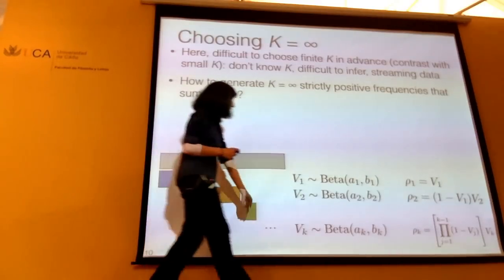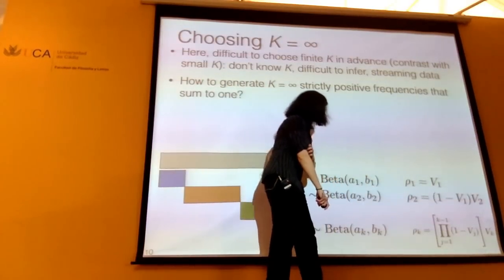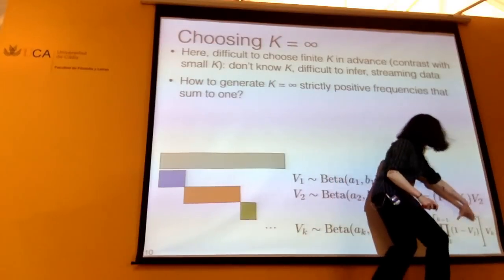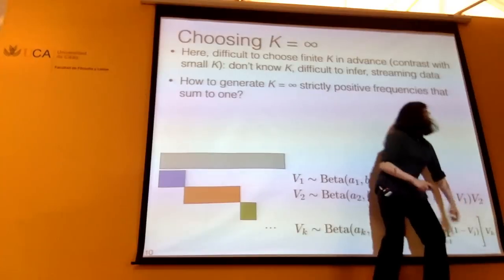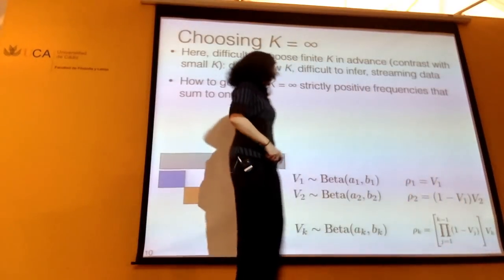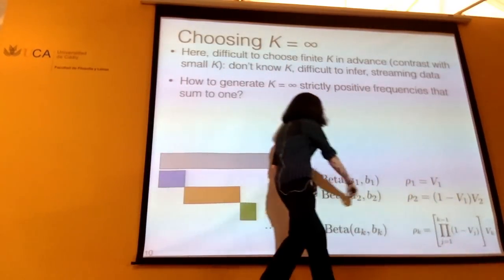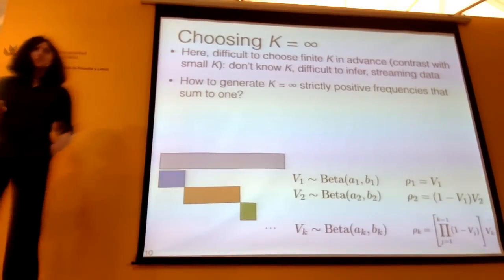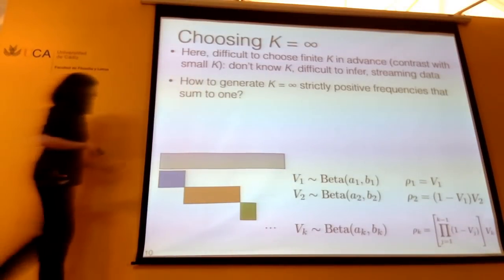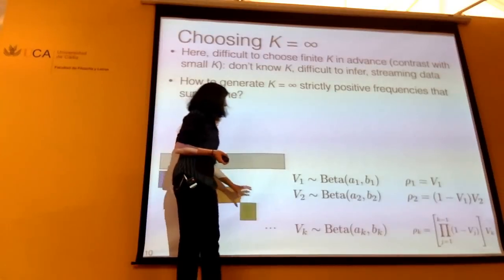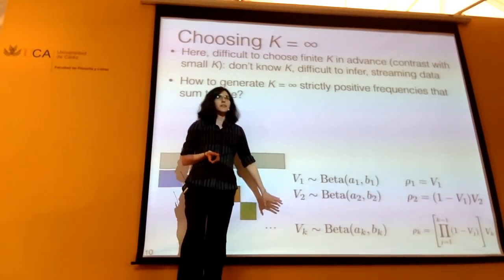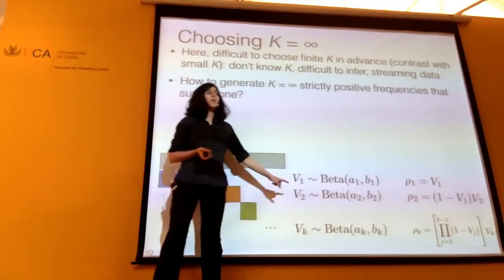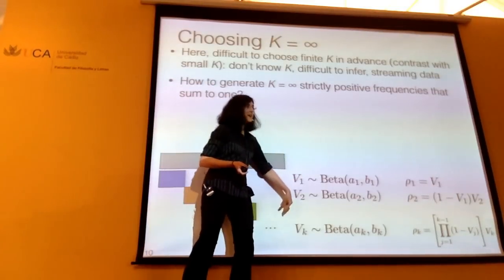And I just keep breaking off these proportions between 0 and 1, and I say that my corresponding rho is everything I haven't broken off so far, so that's what this part represents, times the next fraction that I break off. And so long as these A's and B's give me a proper beta distribution, so long as they're greater than 0, I will definitely get something that adds up to less than 1 here. So the challenge here is getting something that actually adds up to 1 and doesn't have extra mass hanging around at the end.